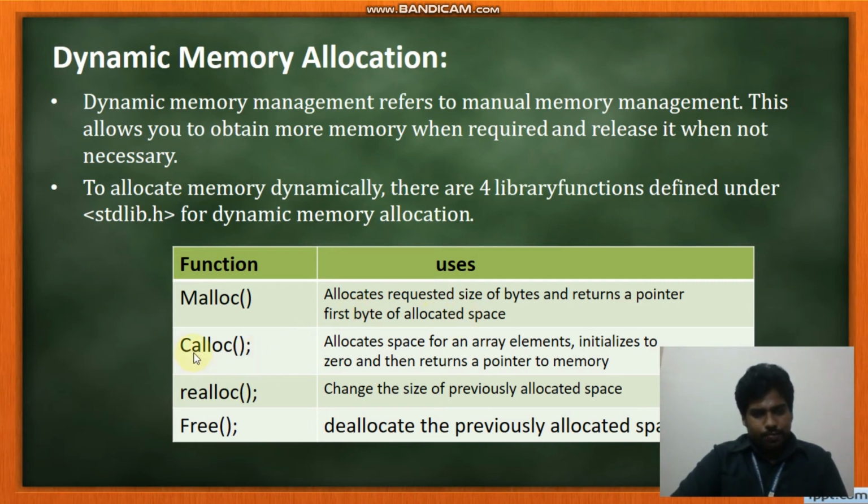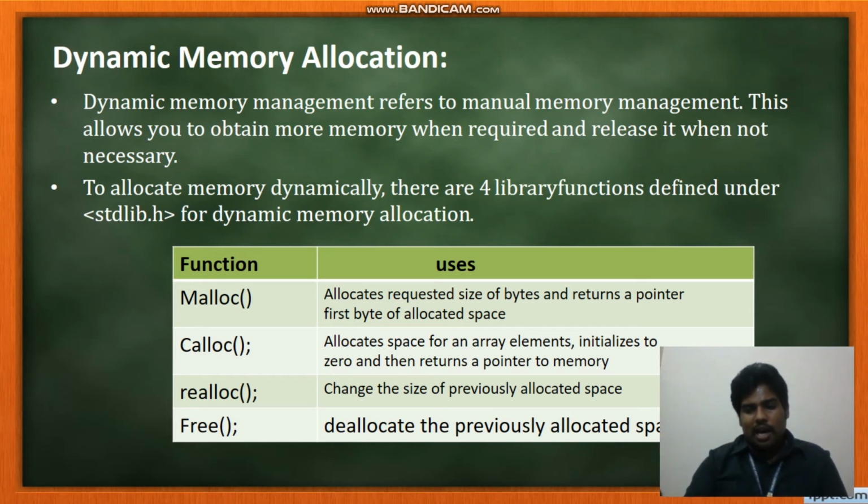The second one is calloc. Between malloc and calloc there are a few differences. With malloc, the required size of memory is allocated somewhere in the RAM. If you request 100 bytes, somewhere 100 bytes are allocated.